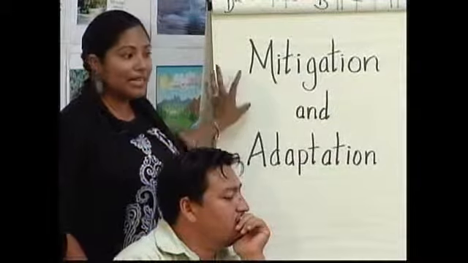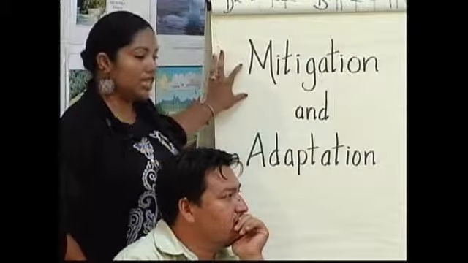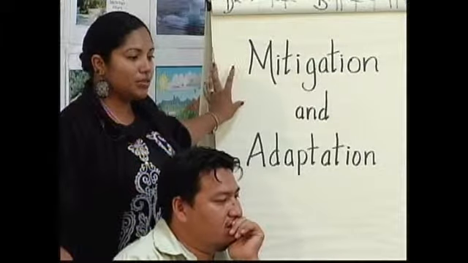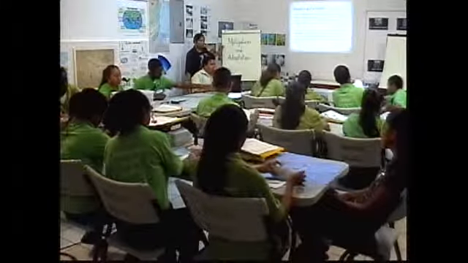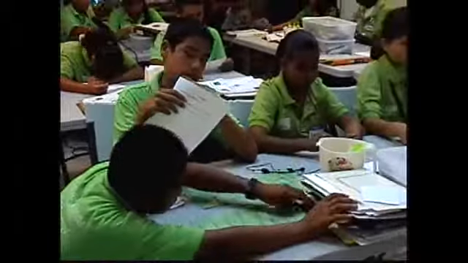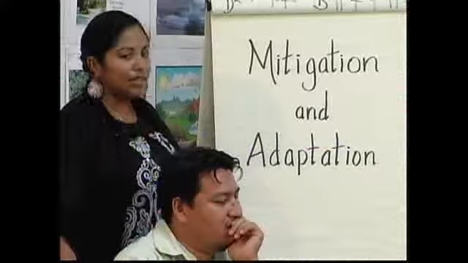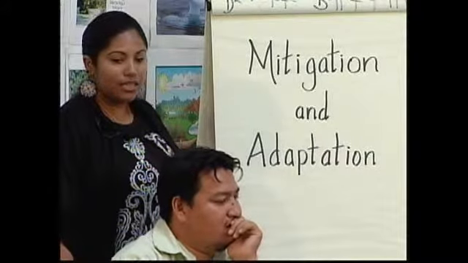So what then is adaptation and what then is mitigation? Turn over your leaflets to the definition that you first wrote at the beginning of the class. Now let's look at the definition of mitigation and adaptation.